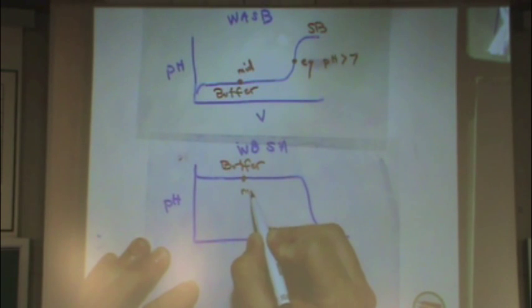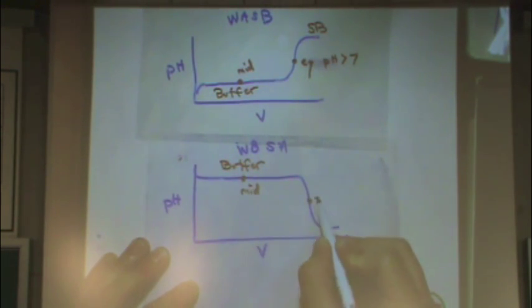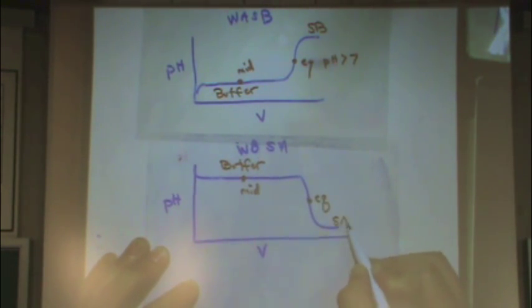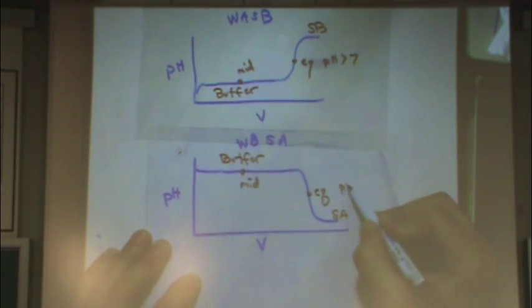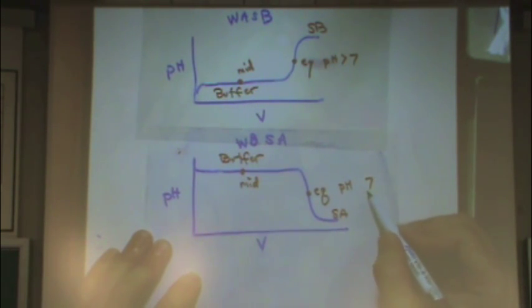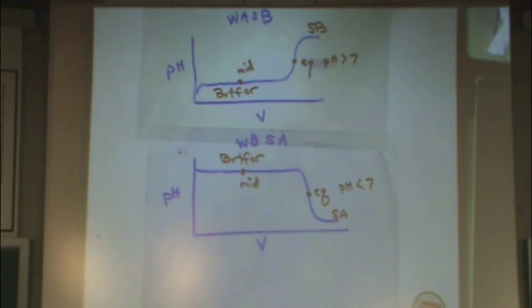We've got a midpoint, which is literally midway to the equivalence point. And then we end with the strong acid region. Okay, the EQ point, the pH is greater, less than, or equal to 7? Smaller, because you generate a weak acid at that point. Okay, that's titration curves.